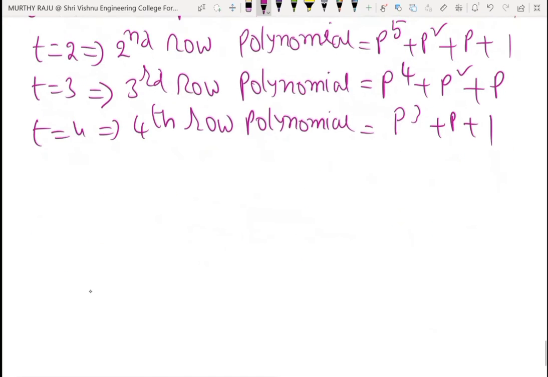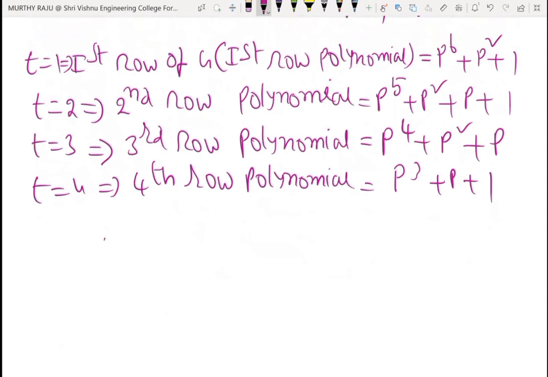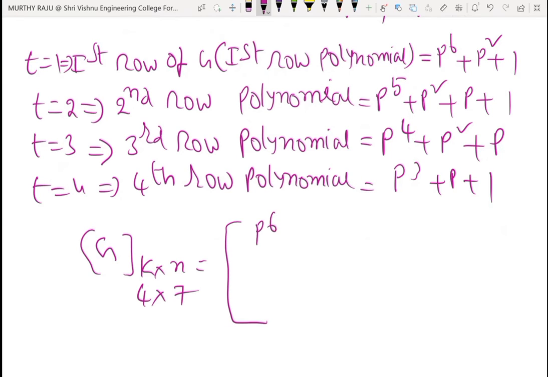Therefore, the generator matrix is K cross N, that means 4 rows and 7 columns, the 7,4 code. First row is p power 6, p square, plus 1. Second row is p power 5, p square plus p plus 1.